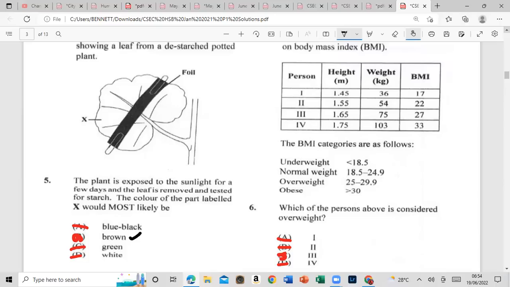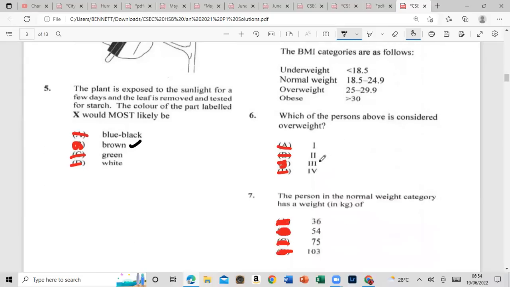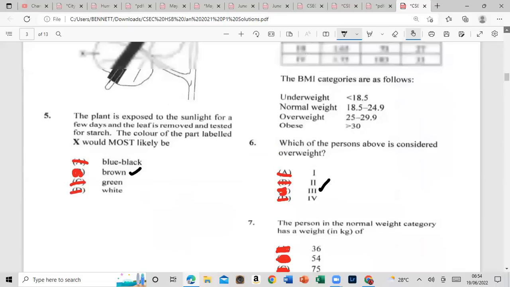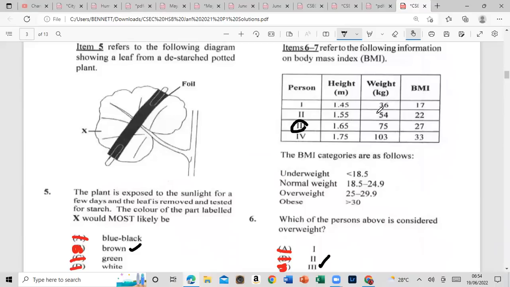No, between 25 and 29. It will be this one. All right, so that's 3. 7. The person in the normal weight category has a weight in kilograms of... and that would be 54.